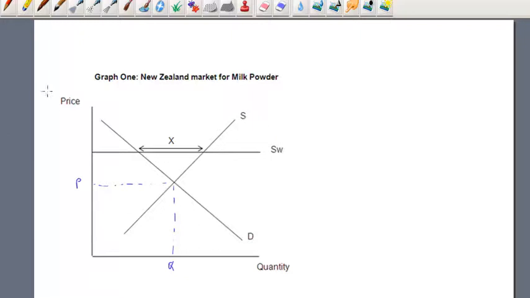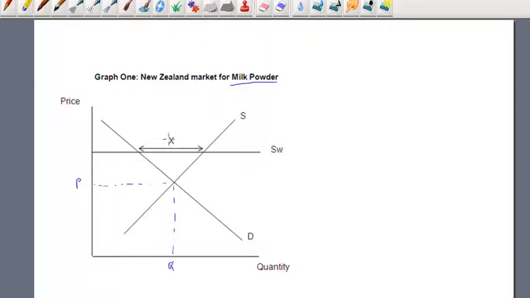In a situation where we're talking international trade, the thing to notice about this graph is that for milk powder, New Zealand faces a price higher than the local market equilibrium, which is great for us. Well, certainly it's great for exporters, not so great necessarily for consumers.